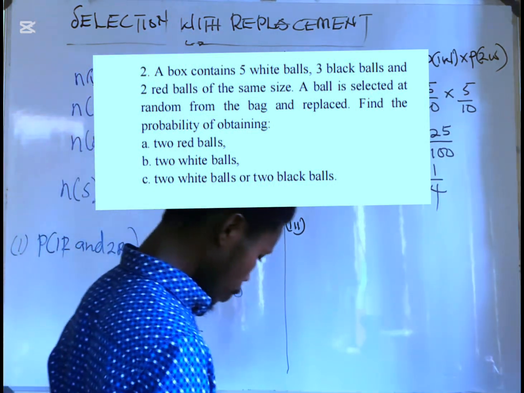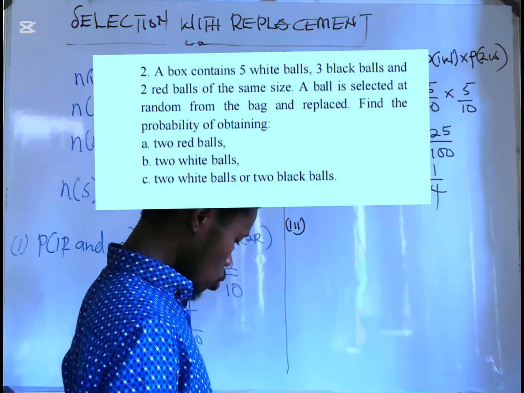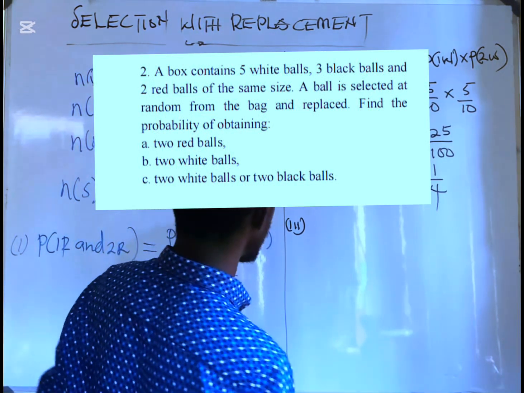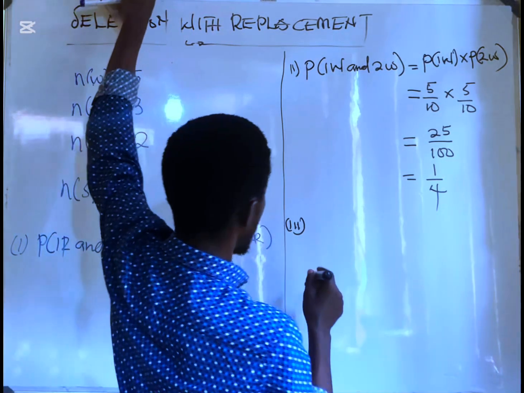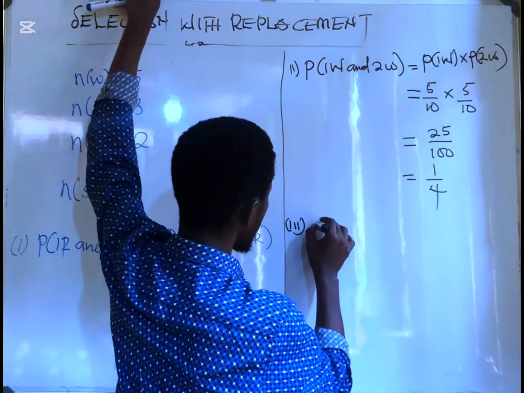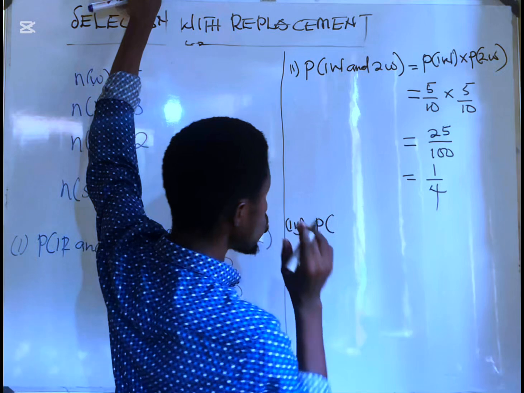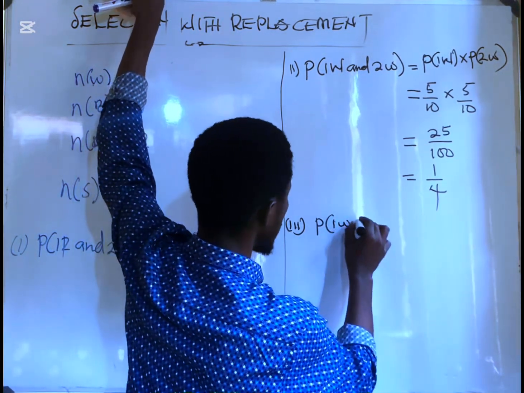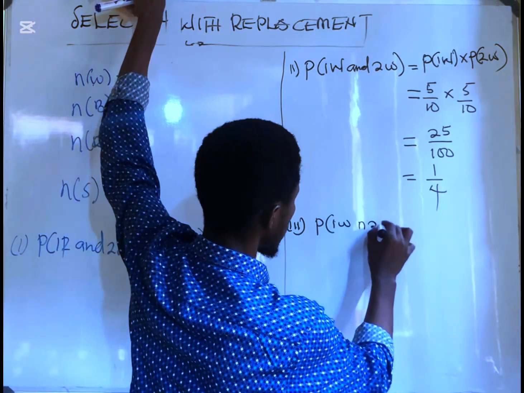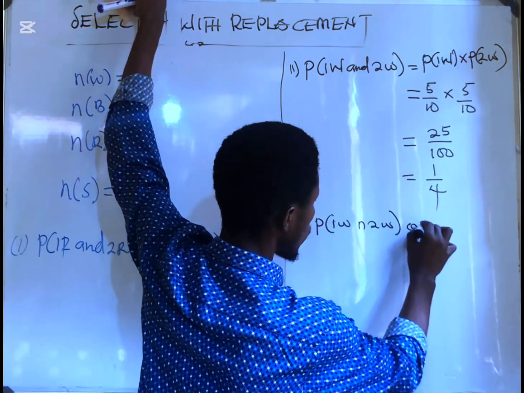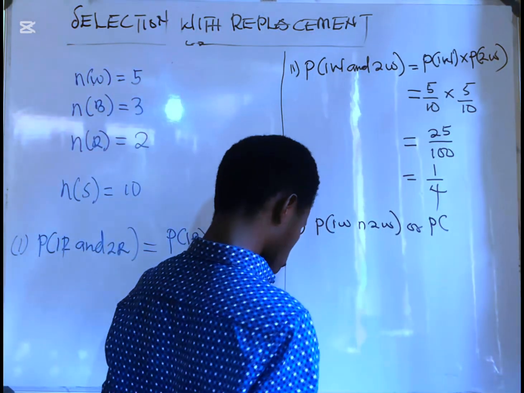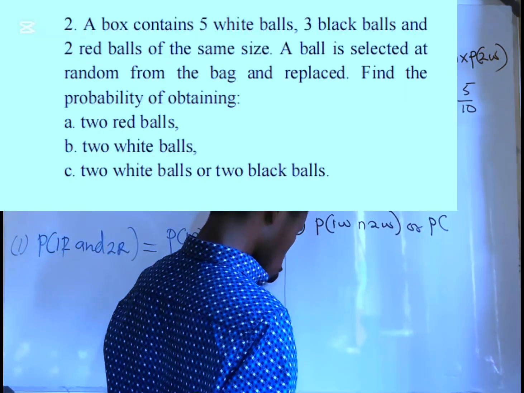Then I said two white balls or two black balls. So probability of obtaining two white balls, that means you get first to be white, intersection, second to be white, or two black balls.